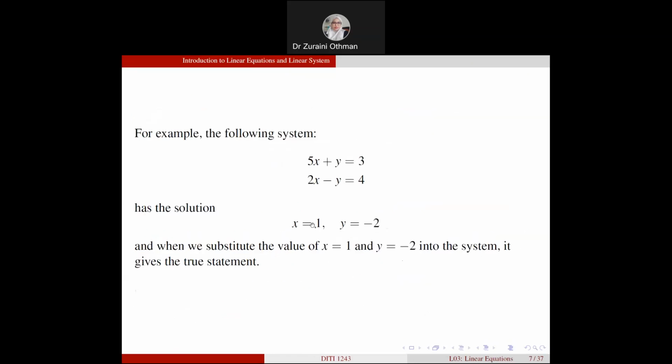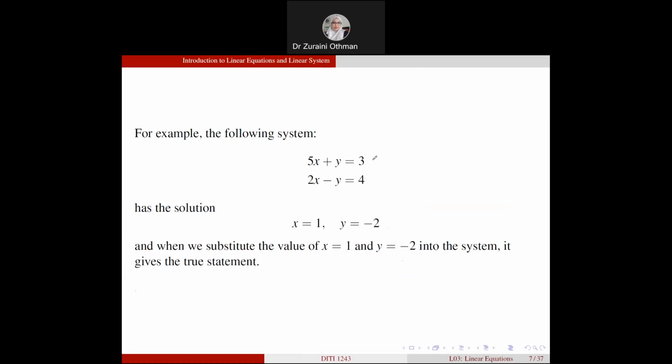Now, for example, if we have a system where the unknowns are x and y, the solution is x equal to 1, y equal to 2. Previously in secondary school, you learned how to solve this by using the elimination method, right?